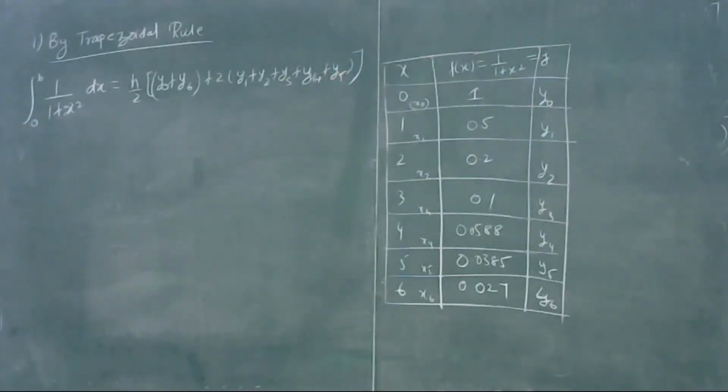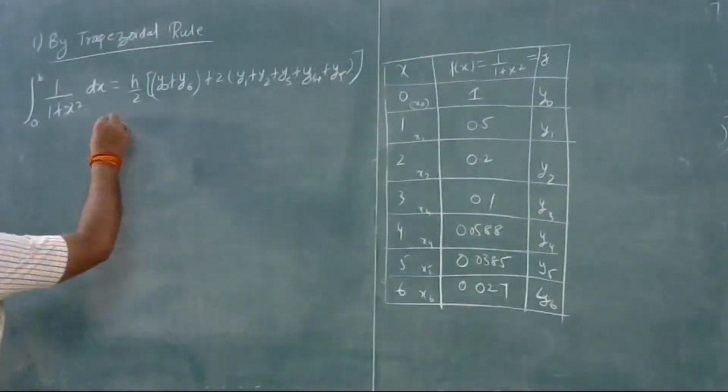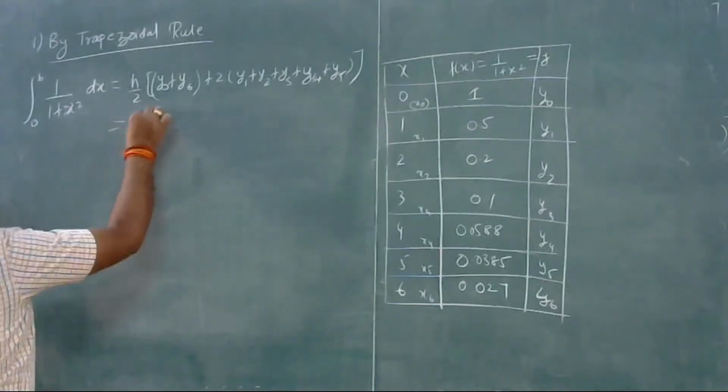Okay, so this is the trapezoidal rule. So what is h? h is 1, so 1 divided by 2.